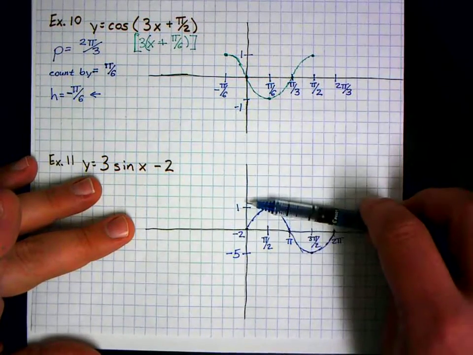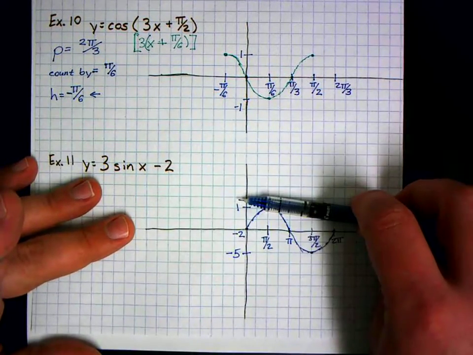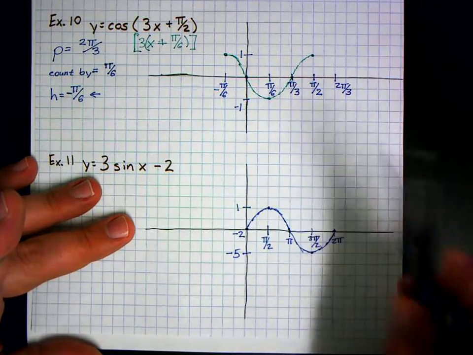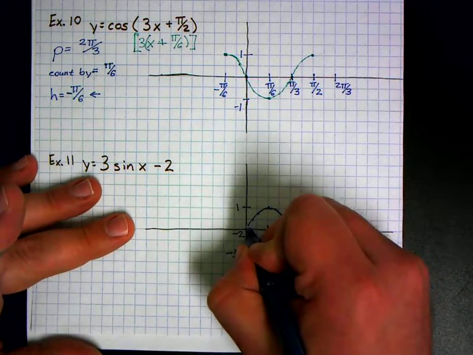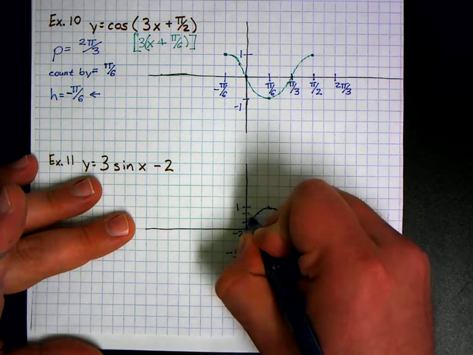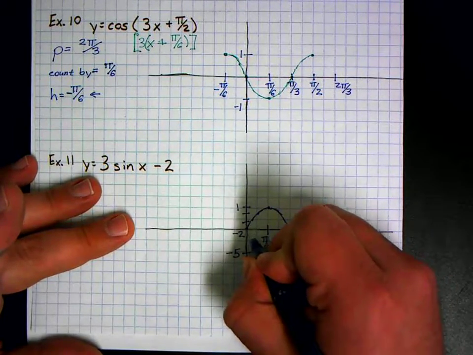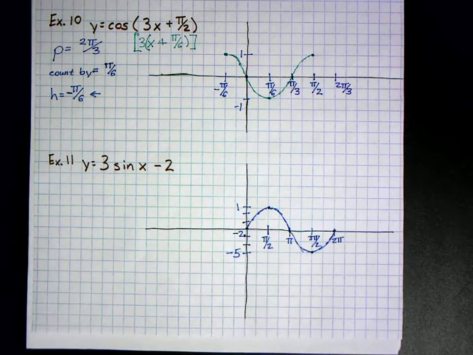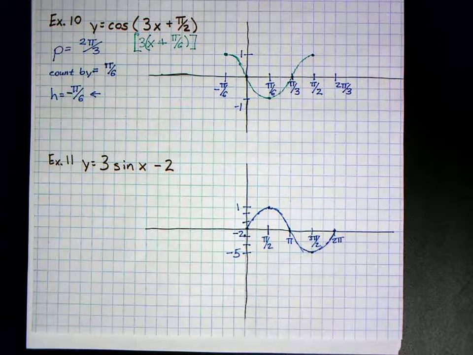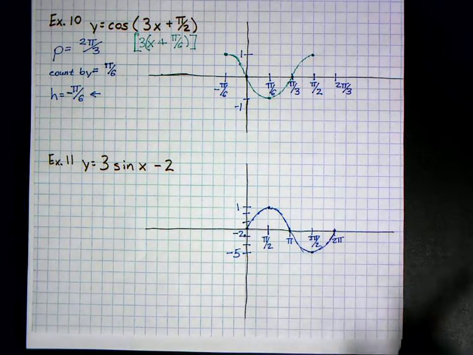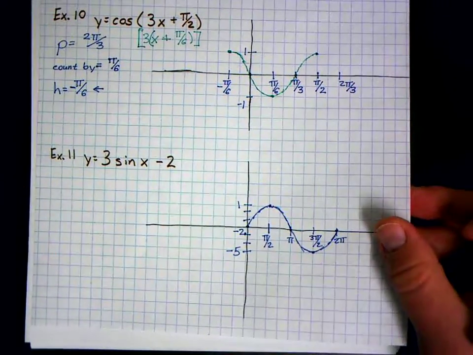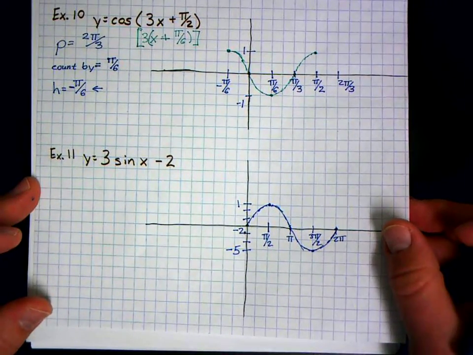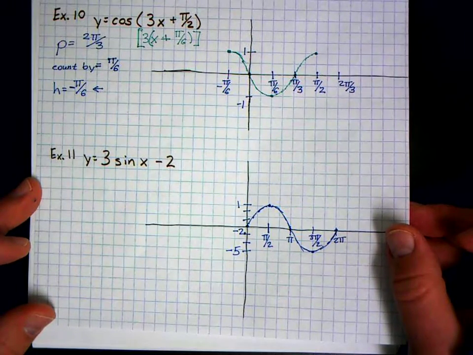Instead of going up 1, I'm actually going up 3. So I'm saying that there's 3 marks in between here. So I have -1, 0, 1, -3, -4, -5. As long as everything's labeled correctly, it's good. Who cares where the dark lines are? They're just dark lines.